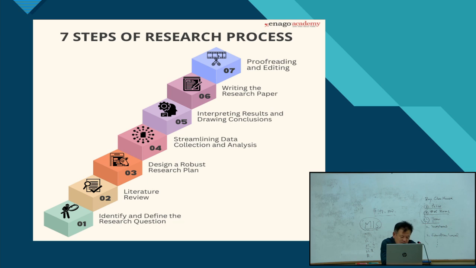The next step is to design a robust research plan. Former research shows this method, for example, method A, but I want to try method B, and then compare the A research and B research.